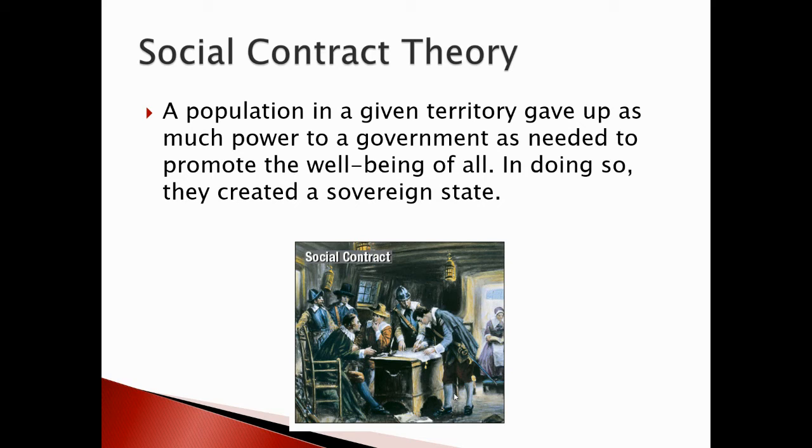So I may have to find someone who would help me protect my stockpile of pork and beans. And so I may offer them, hey, I will pay you a can of pork and beans a day if you help protect me and my family and our possessions. And so the pork and beans represent my freedom, even though I took it from someone else. And I have to give away part of that freedom in order to guarantee my safety.